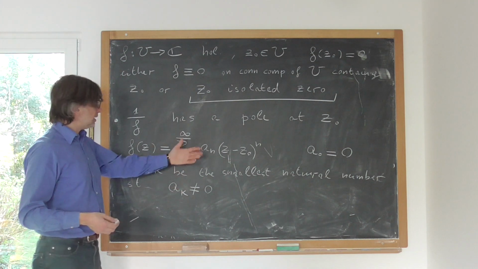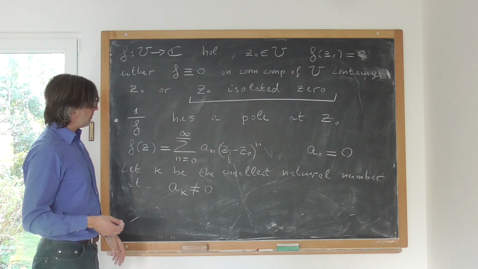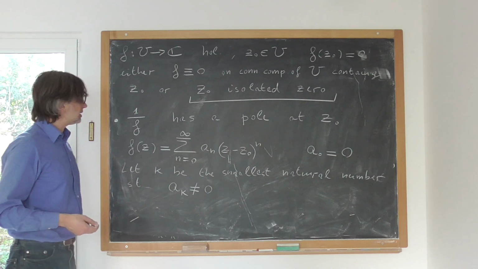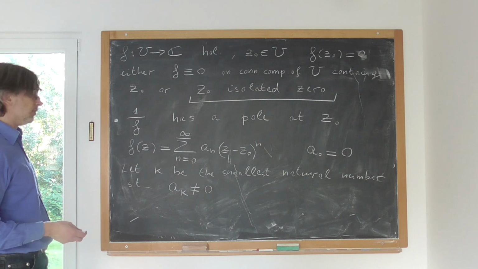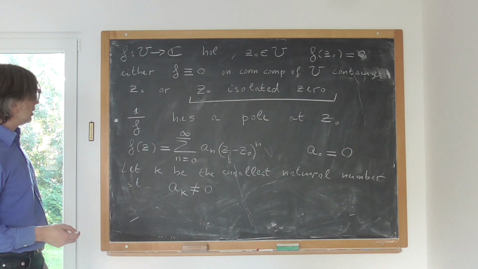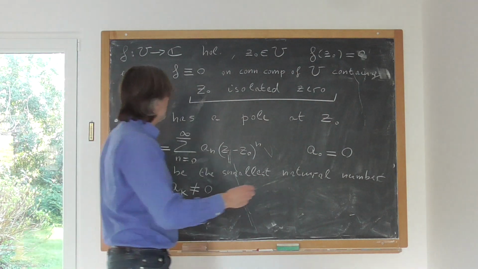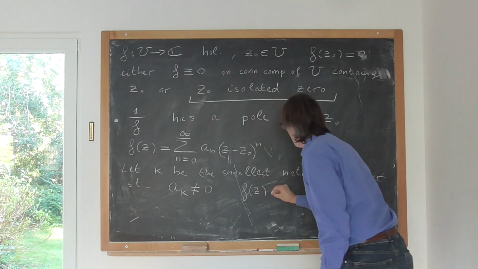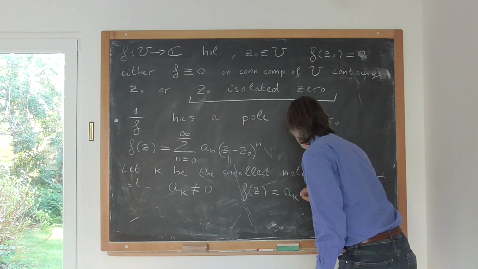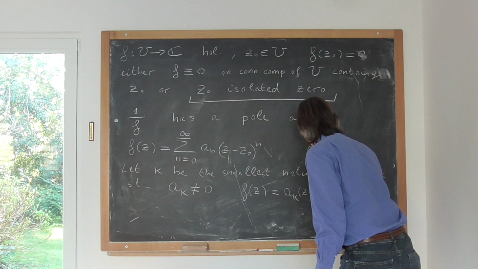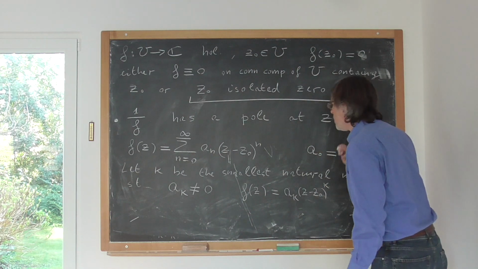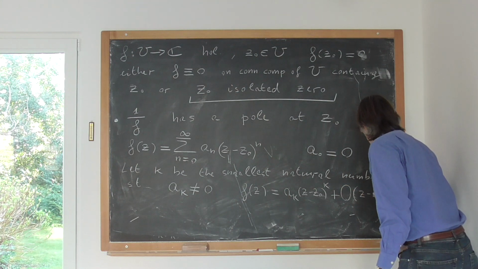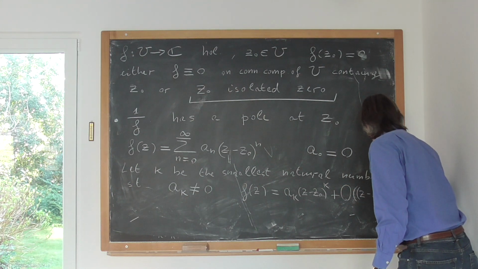So we know that this is a non-trivial power series, so there is a first k such that a k is different from 0. And then this means that f of z is a k times z minus z naught to the power k, and what remains is a big O of z minus z naught to the power k plus 1.